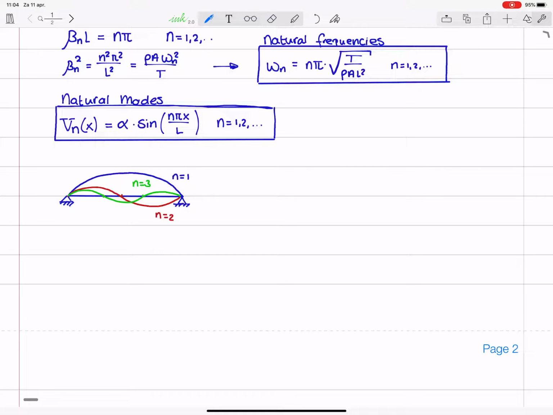And so on. You see that the corresponding modes are functions of x that describe how the string is vibrating, if it does so in a natural frequency. And the scaling is still arbitrary. We just know that these are sine functions.